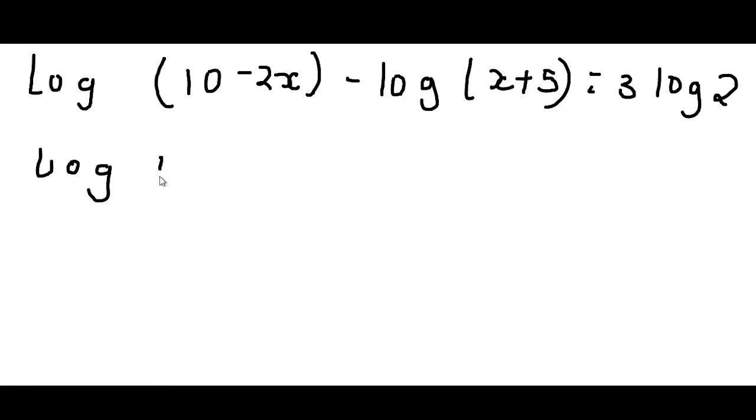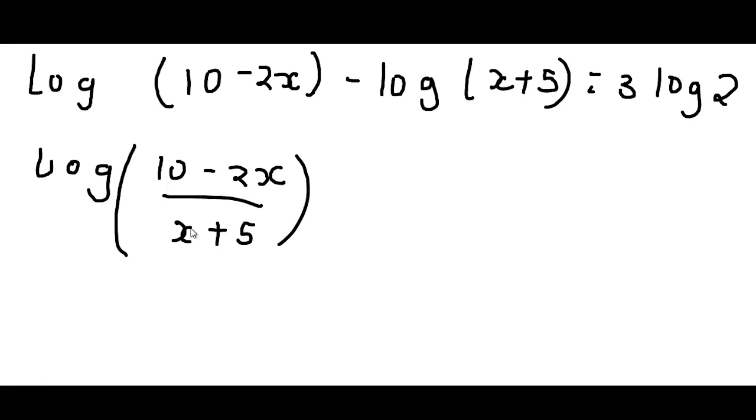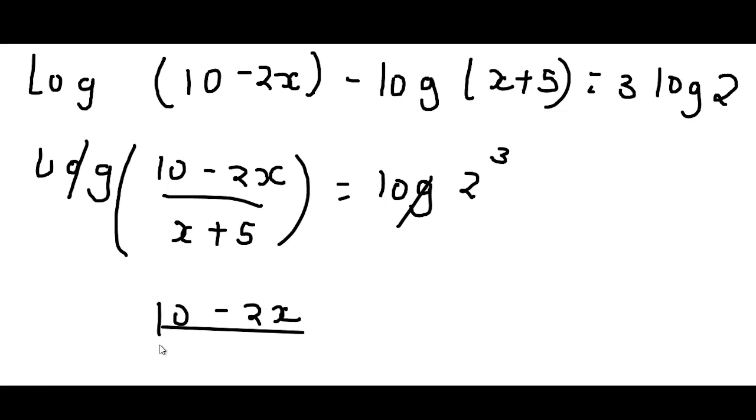We will write it as log of 10 minus 2x, and log is common in both, divided by x plus 5, equals log 2 cubed. This coefficient, we bring it up here, so it becomes a power. You're left with this log and this log cancels out, so you're left with 10 minus 2x over x plus 5 equals 2 power 3, which is 8.